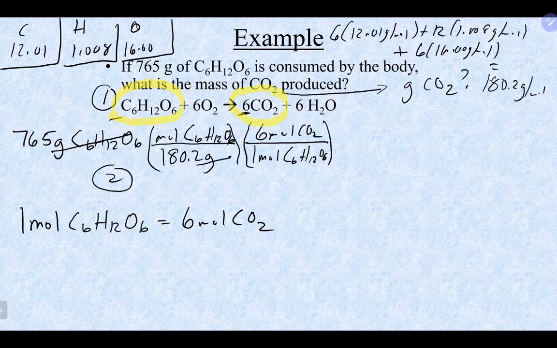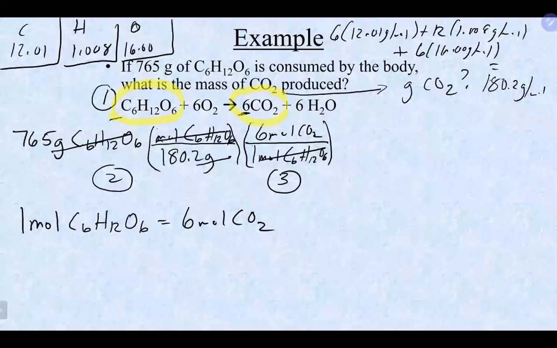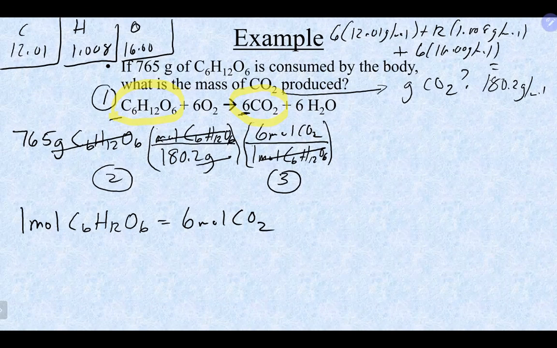And that step right there is our third step, the stoichiometry step, which, as you can see, is just a conversion factor. Going to get rid of the moles of the whole thing. And now we have successfully moved from the C6H12O6 to the CO2 in this case, which again is what we're looking to do. If we wanted moles, we're pretty much done. We would just get the answer at this point, right? Because we're in moles, but we do want grams.